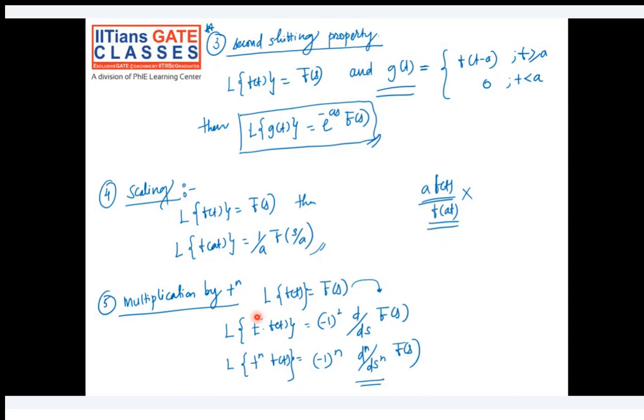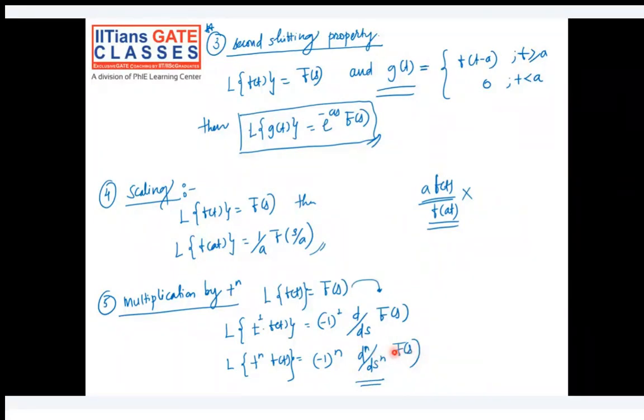So here I am multiplying with t raised to the power 1, now let's multiply the t raised to the power n. In general, n is any number, 2, 3, 4, 8, 10, anything. So t raised to the power n f of t, then it will be minus 1 raised to the power n, n times differentiation of f bar of s.